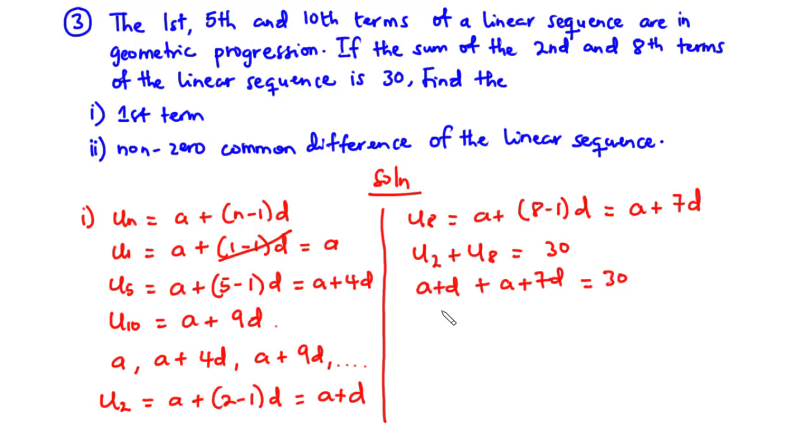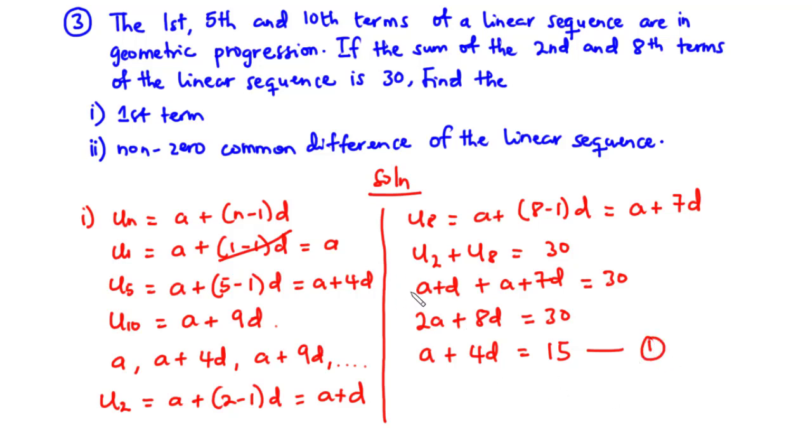So we have a plus a, which is 2a, and then d plus 7d, which is 8d, equals 30. Now we can divide through by 2, so that we have a plus 4d equals 15. Let's call this equation 1.